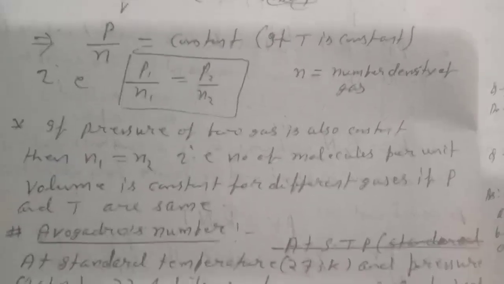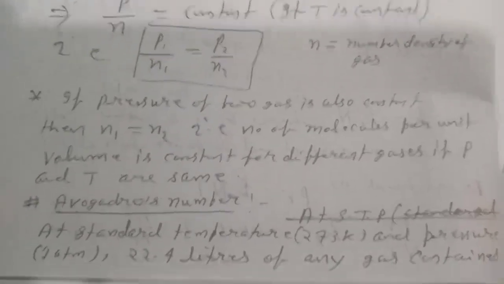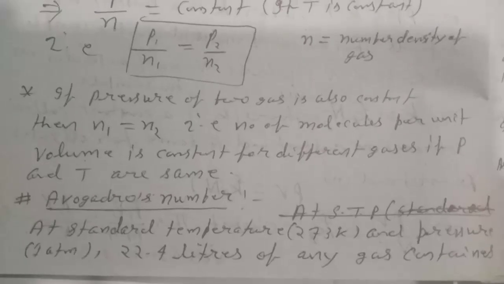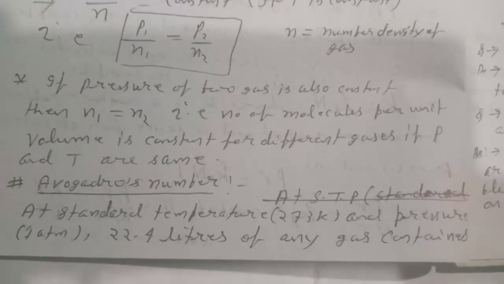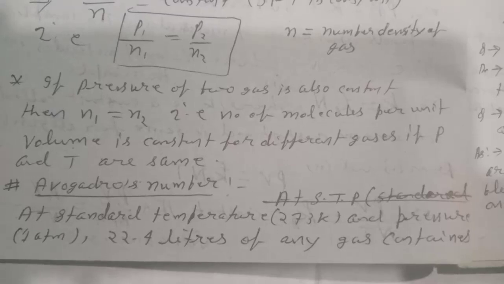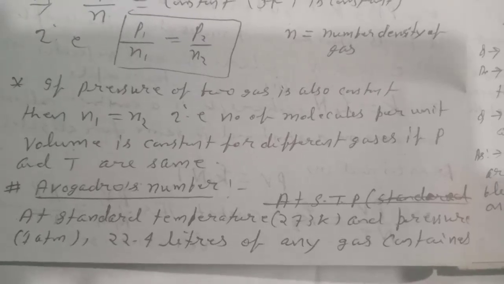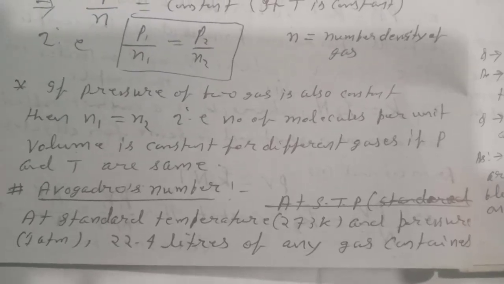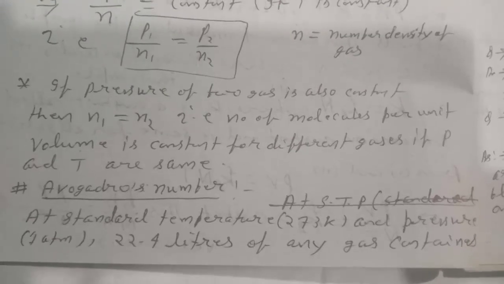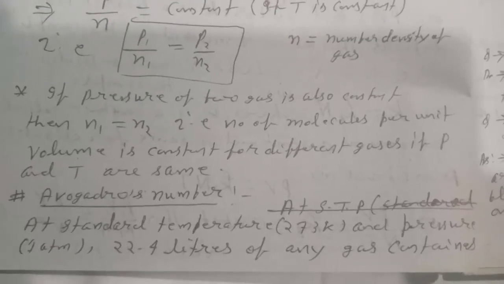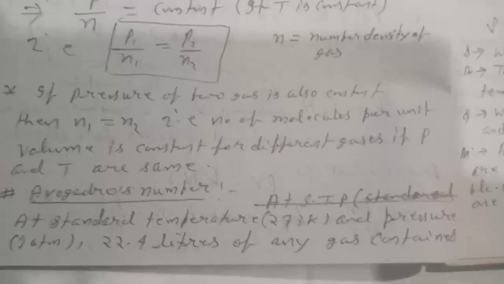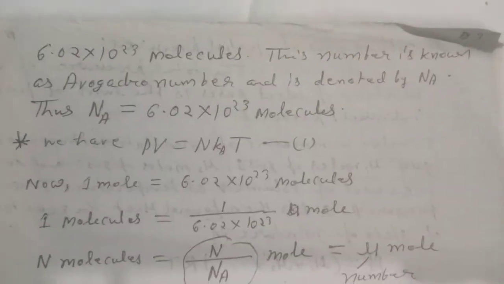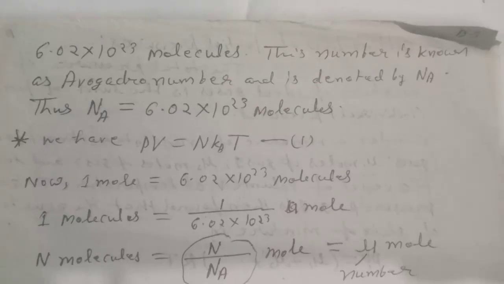Now Avogadro's number: at a standard temperature, meaning 273 Kelvin, and a standard pressure, meaning 1 atmosphere, 22.4 liters of any gas contains 6.02 x 10^23 molecules.